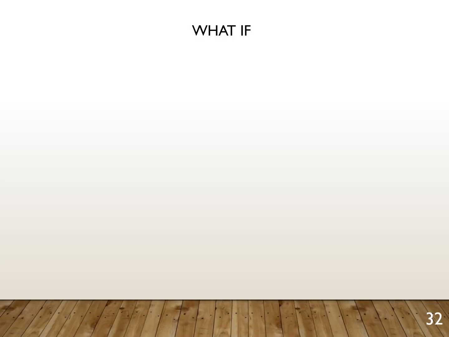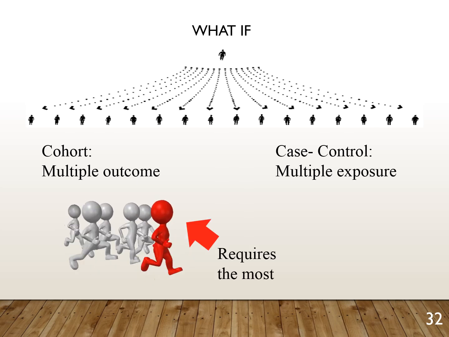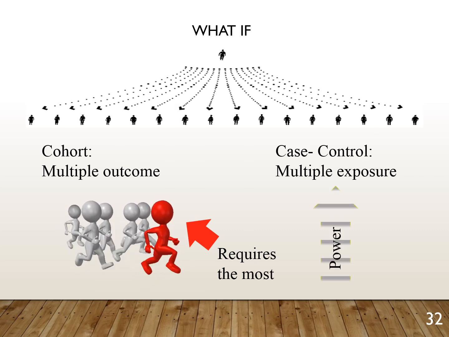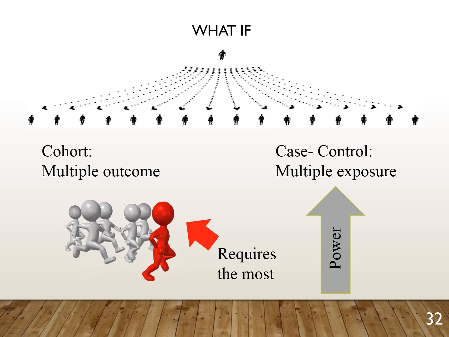What if the investigator wants to study multiple outcome variables in a cohort or multiple exposure variables in a case control with different frequencies in the control group? In this case, the investigator should perform his sample size calculation based on the variables that require the largest sample size. That is of an advantage, as it will increase the power for the other outcome and exposure variables.